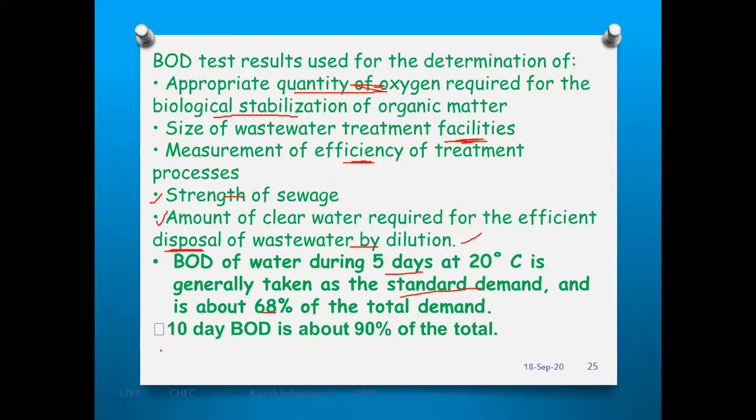The 10-day BOD is about 90% of total demand. So it takes much more time when compared to COD, but if you see the difference, BOD gives better results when compared to COD.